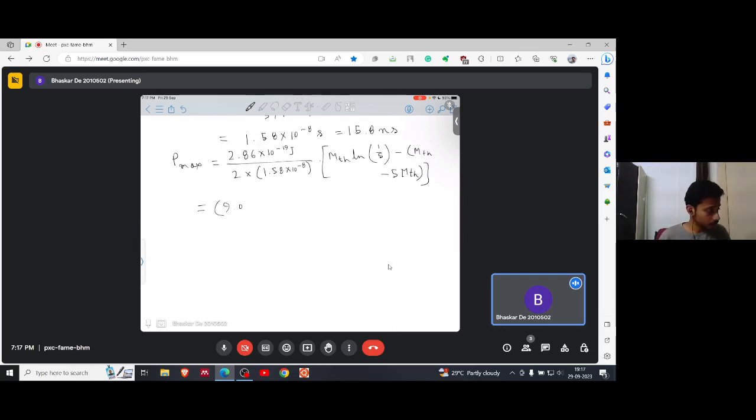Now 9.05 into 10 to the minus 12 joule per second, and here it is minus 1.61 m_th plus 4 m_th, which will be 2.16 into 10 to the power minus 11 m_th joule per second.